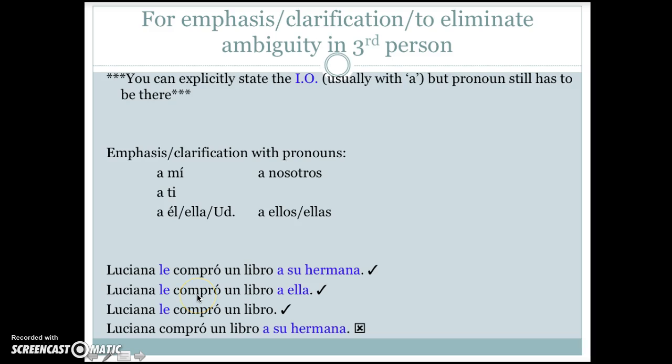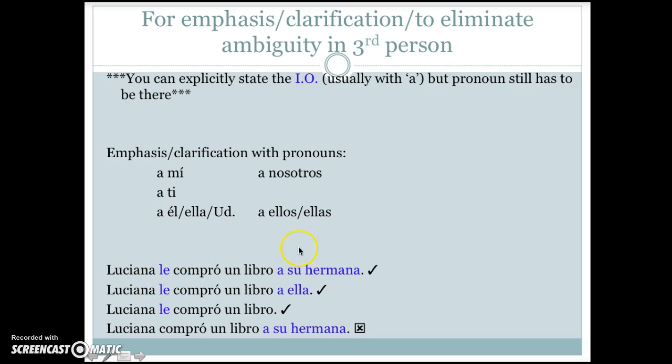Why? Because with indirect object pronouns, the pronoun always has to be in the sentence. If there is an indirect object in the sentence, the pronoun has to be there. Now, with third person, a lot of the time we're going to use repetition to clarify who is le. Bought a gift for him, for her, for usted.